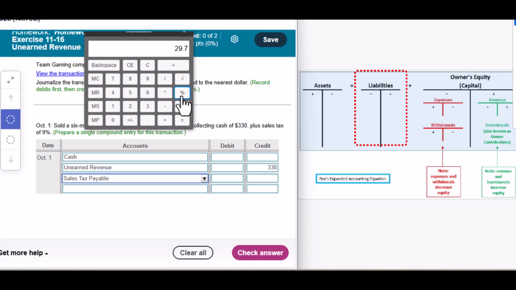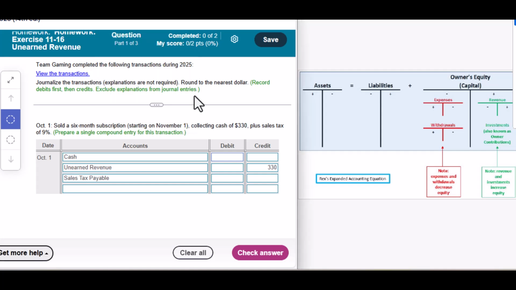So $29.70. And since we do need to round to the nearest dollar, that $29.70 is going to become $30. And you'll see, again, it says here round to the nearest dollar. So we have 30 as a credit to sales tax payable in order to increase that liability there.